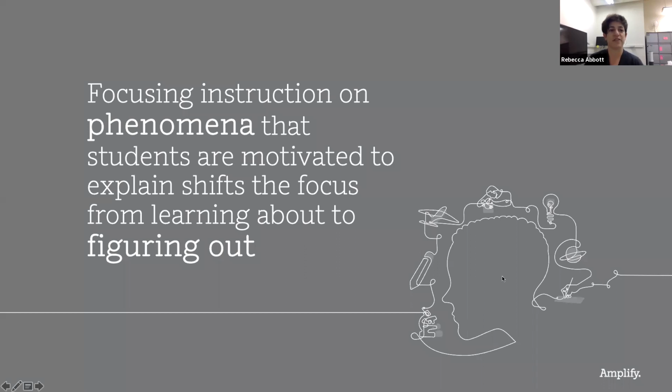When we focus instruction on phenomena, the students are motivated to explain. What it does is it shifts the focus from just learning about to figuring out. This is one of the most significant shifts of NGSS, this move that it helps us achieve, which is moving from learning about to figuring out.